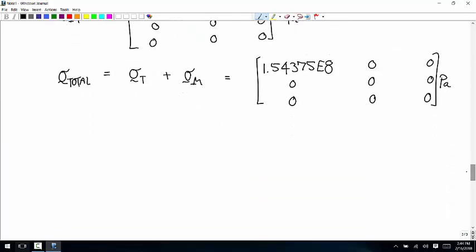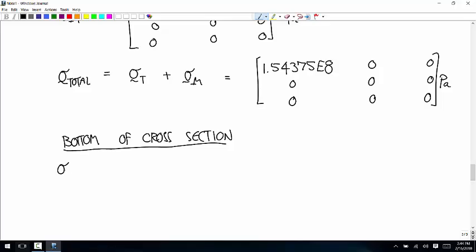And then if we do that at the bottom of the cross section, the XX stress due to bending is negative of negative 200. This is below the neutral axis, so y is negative 0.01 divided by 1.3 repeating times 10 to the minus 8.